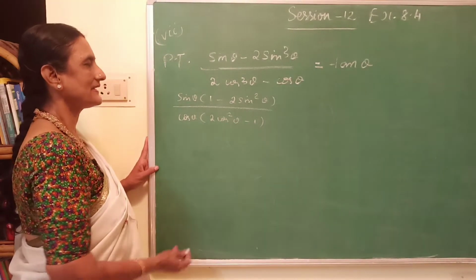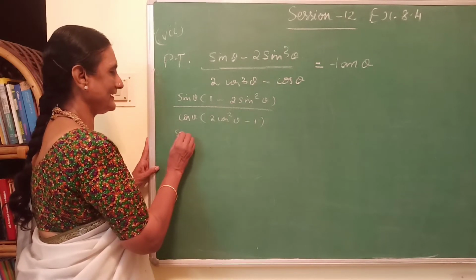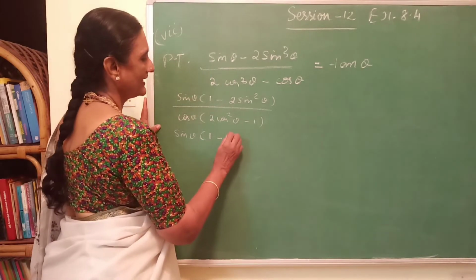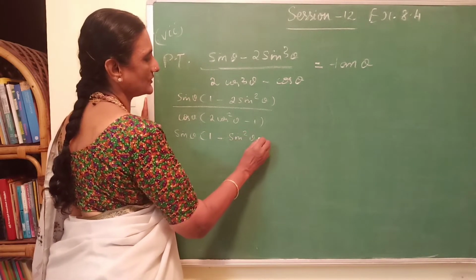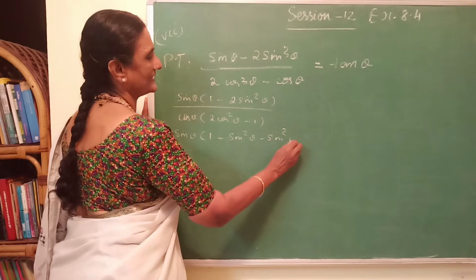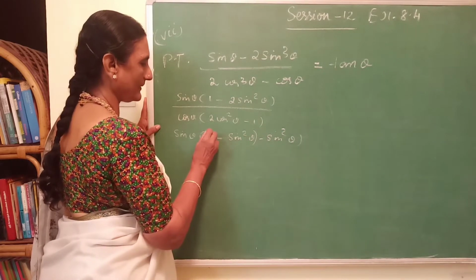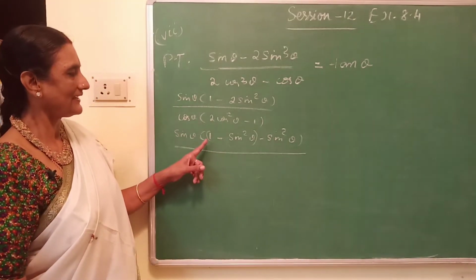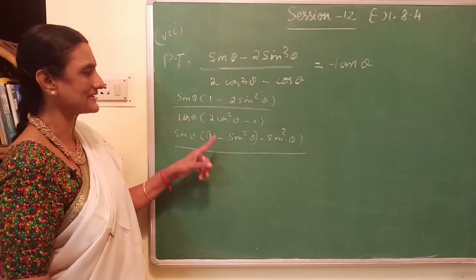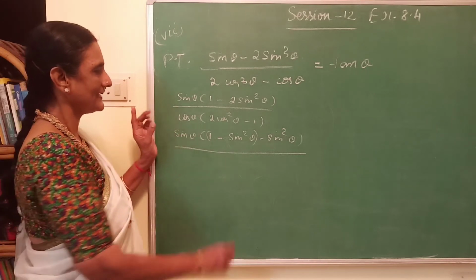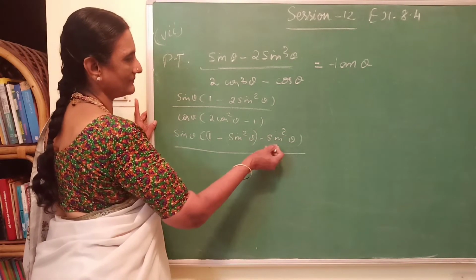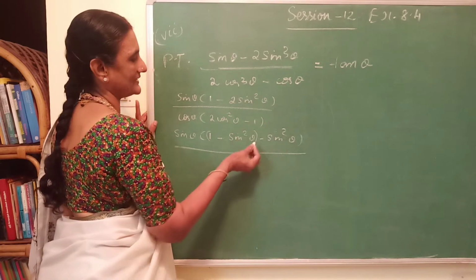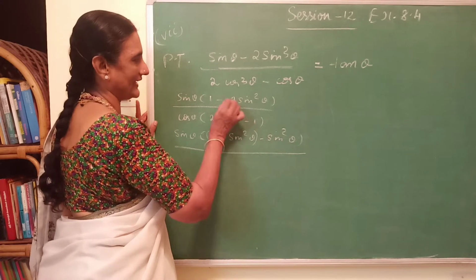Now in this, I am writing 1 minus 2 sin square theta as (1 minus sin square theta) in one bracket, and then there is another term, minus sin square theta. That is, I have split the 2 sin square theta as sin square and sin square with a negative sign.